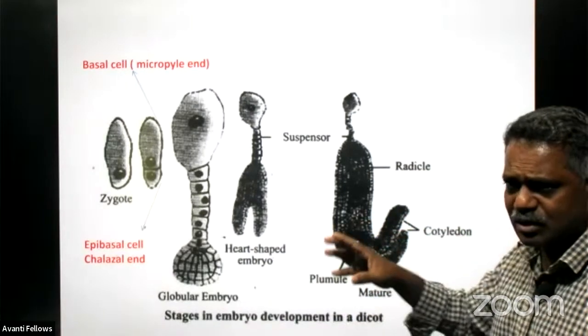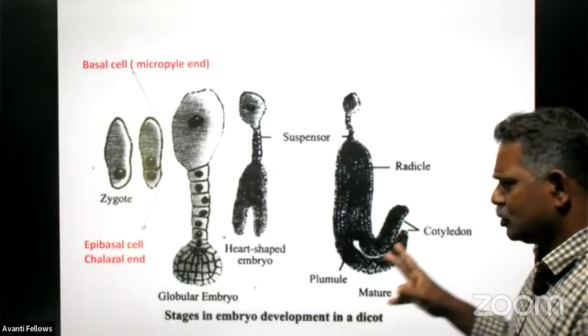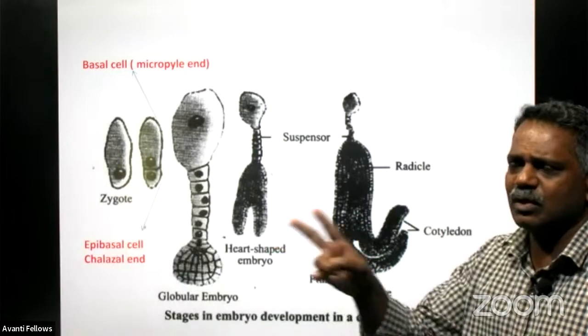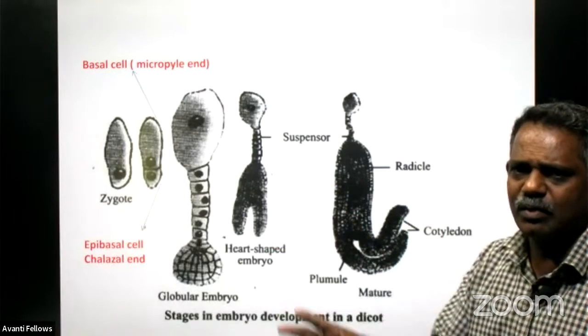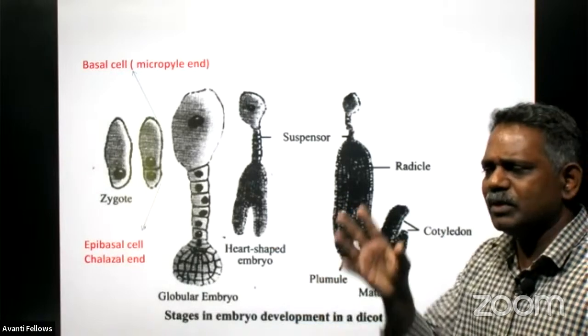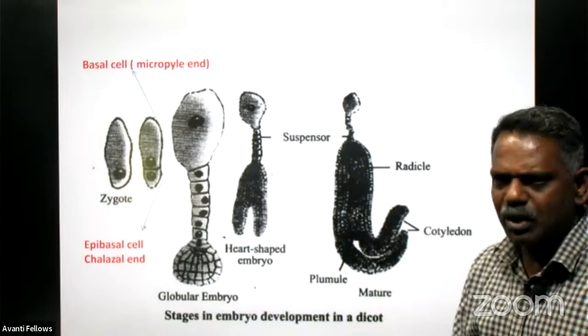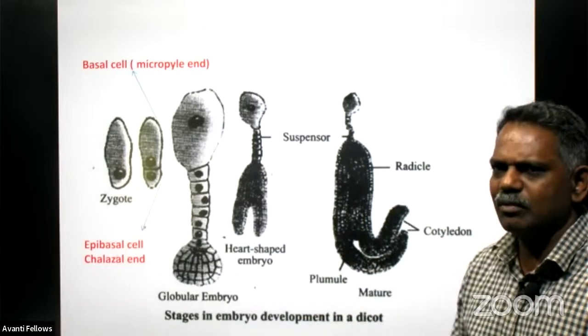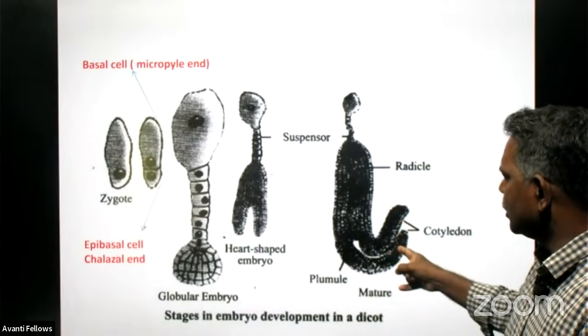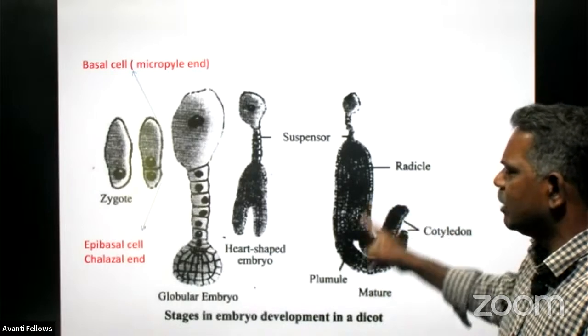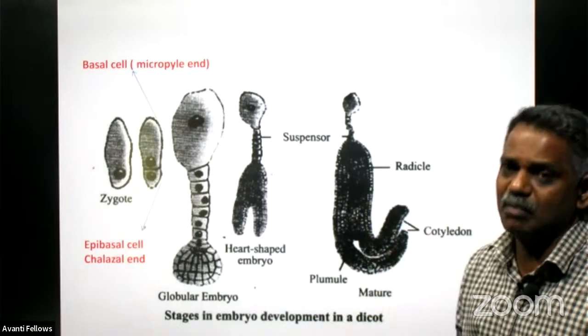There are two structures you can study here for the storage of food material. One is the endosperm. The food stored in the endosperm is completely utilized during the development of the zygote into the embryo. It is for embryonic development only, whereas the food stored in the cotyledon is used for the development of a plantlet from the embryo.